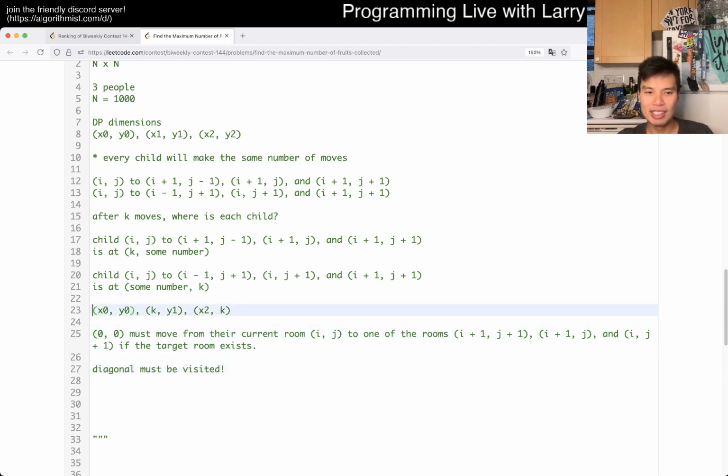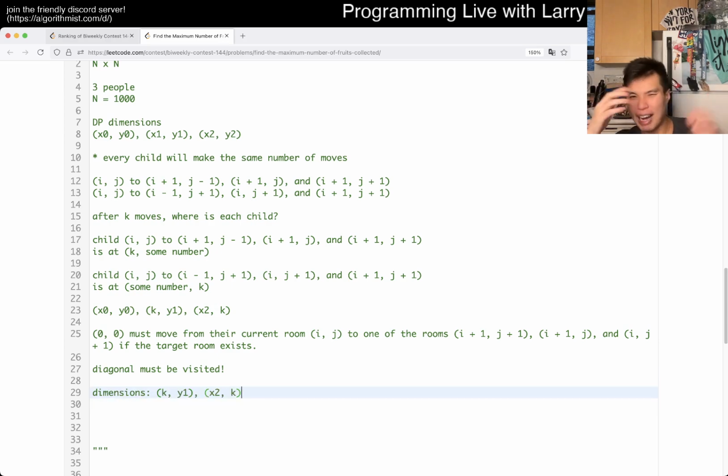And as a result, then now you just have this thing, and you can say that, so now our dimensions are up to here, right? And you just kind of do the math on diagonal. It's pretty straightforward. You just sum up the diagonal, right?